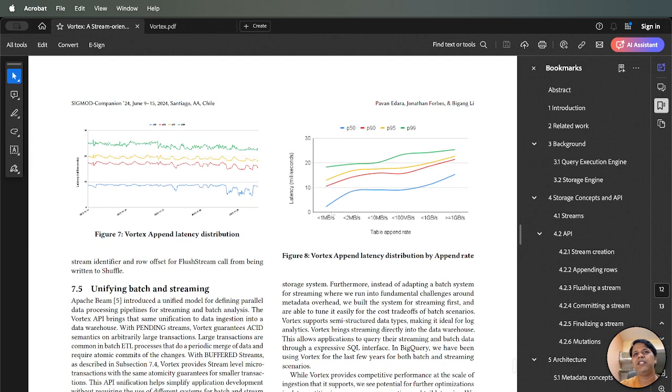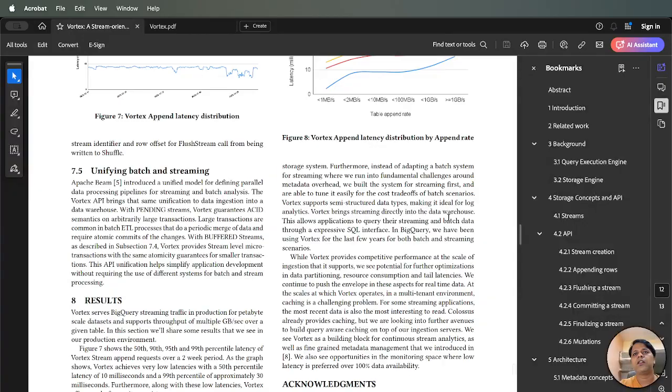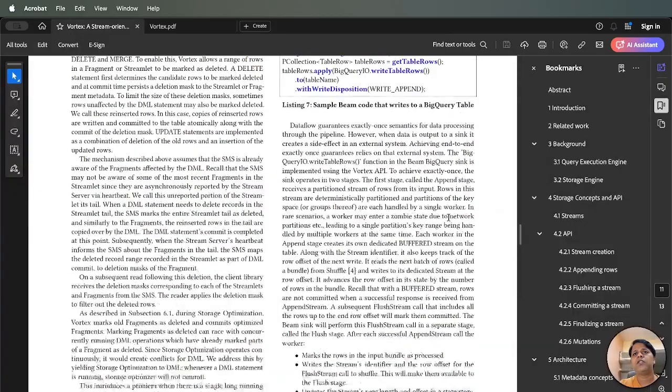Mostly if it is very little data, then it is in milliseconds, maybe 1-2 milliseconds. But if it is more than 1 gig per second, then it goes up to some 10-20 milliseconds. So this is all of it.